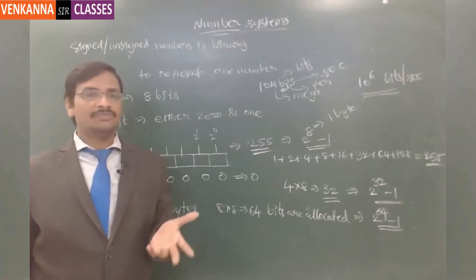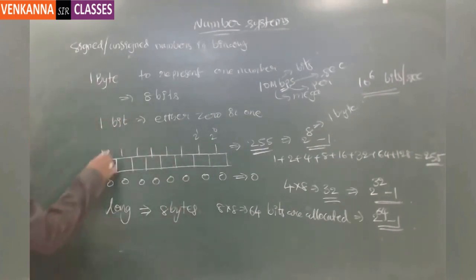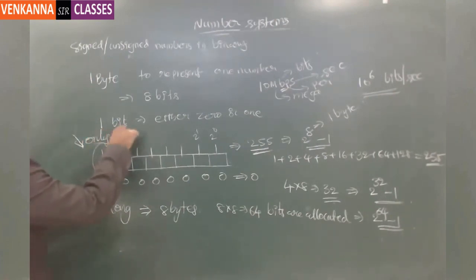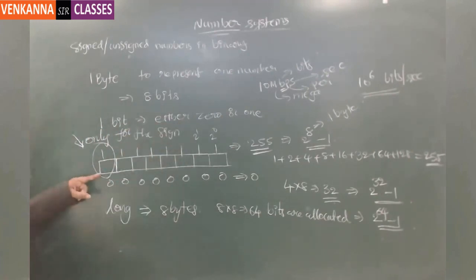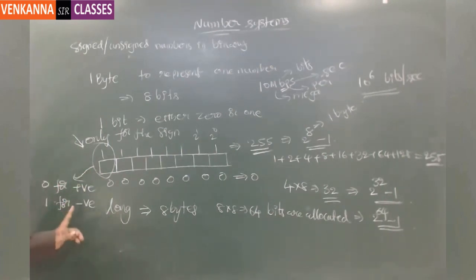So we have decided to use this leading symbol only for the sign. This leading symbol is used for the sign, representing 0 for positive and 1 for negative. So this is how a signed integer is represented.